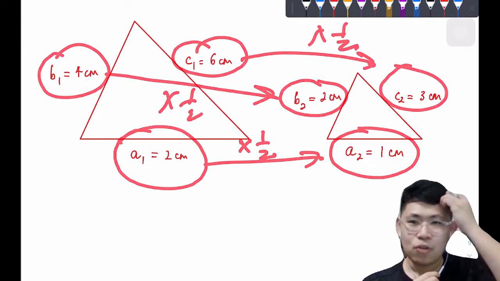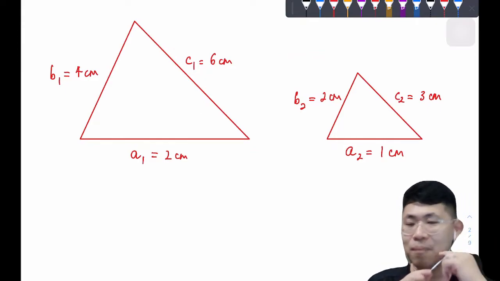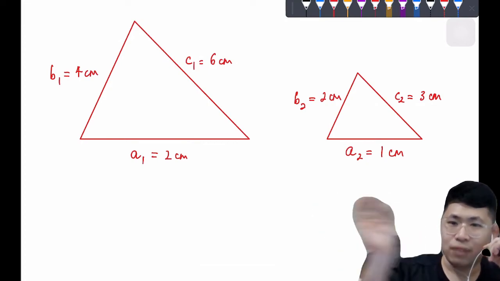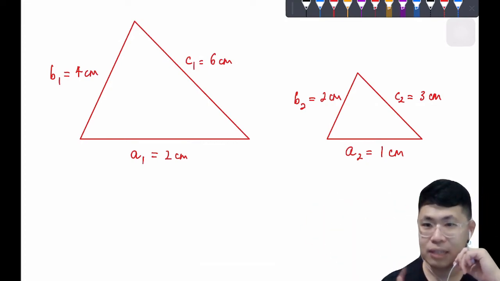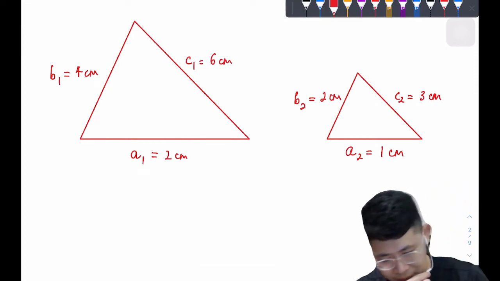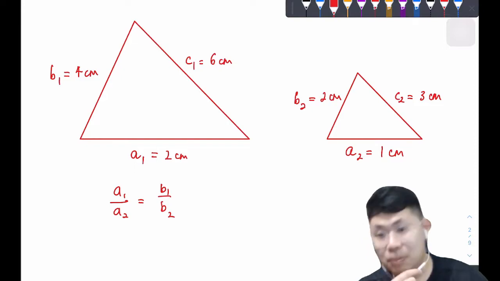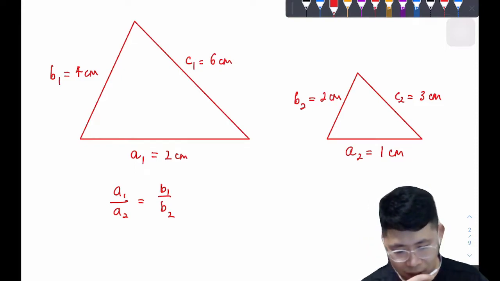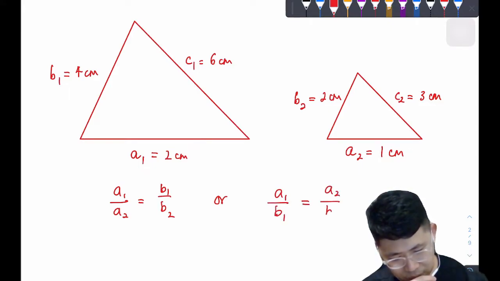When we talk about similar triangles, the ratio is the important word. The ratio of the corresponding lengths are the same for similar triangles. So we can form our relationship by putting A1 over A2 equals B1 over B2, or we can do A1 over B1 equals A2 over B2.